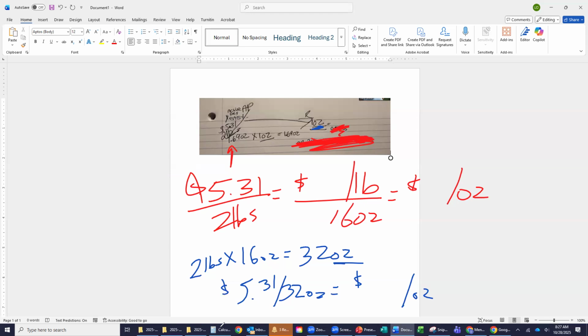Okay. So maybe try that. Once you know what your recipe unit you need is, go ahead and convert this first. That way you're automatically going to get the cost per ounce. Okay. Same thing, same scenario.